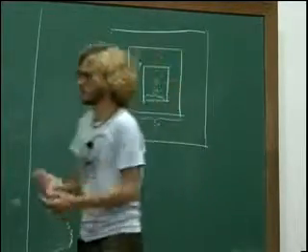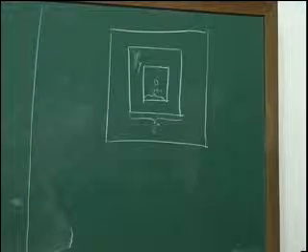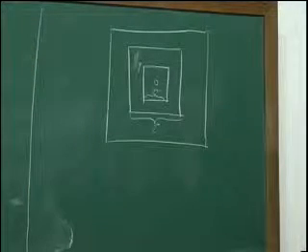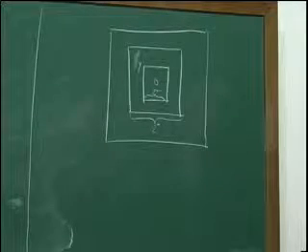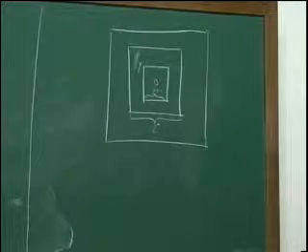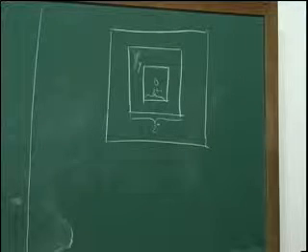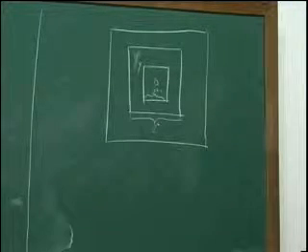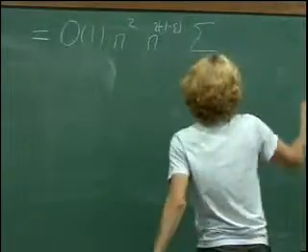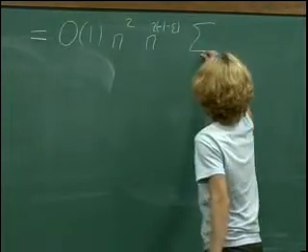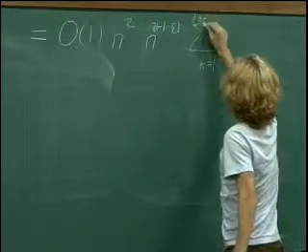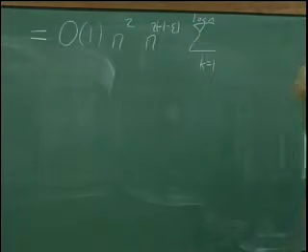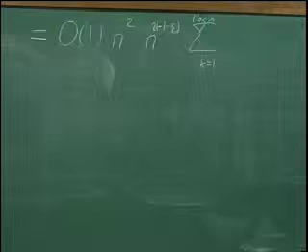So I only care where y is situated up to factors of 2. So rather than summing over all y, I sum over all k from 1 to logarithm of n. That's how many boxes of this kind fit into the big box.